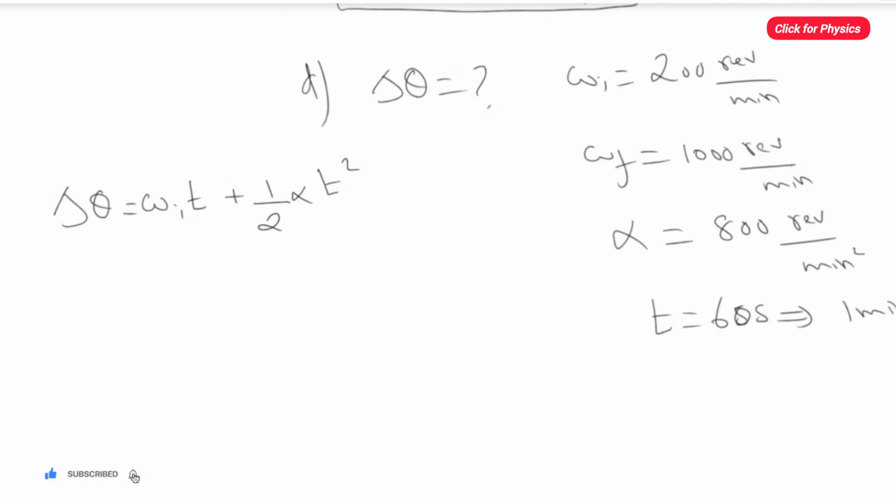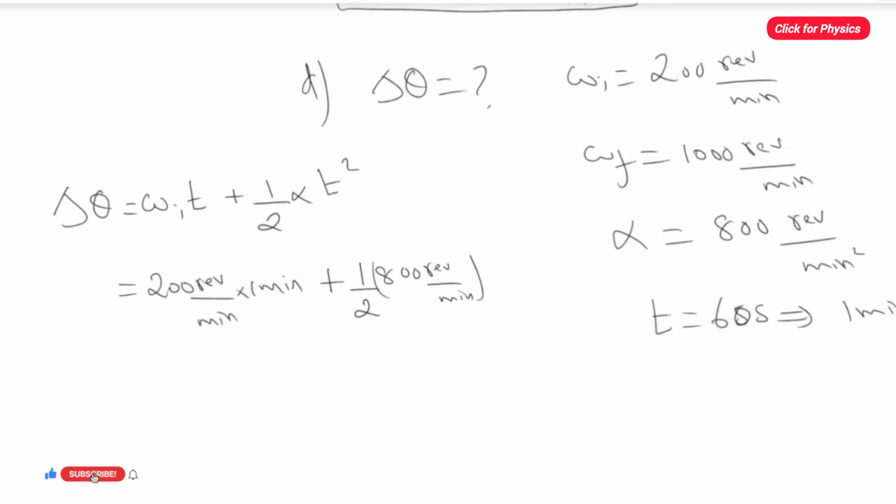Now what I'm going to do, I'm going to substitute the value for finding the answer for delta theta. So let's substitute the value. What is our omega I? 200 revolution per minute multiplied by, because we have the t, which is 1 minute, plus half alpha value. In the previous part we got 800 revolution per minute square, right? And then t square, which is nothing but 1 minute square.